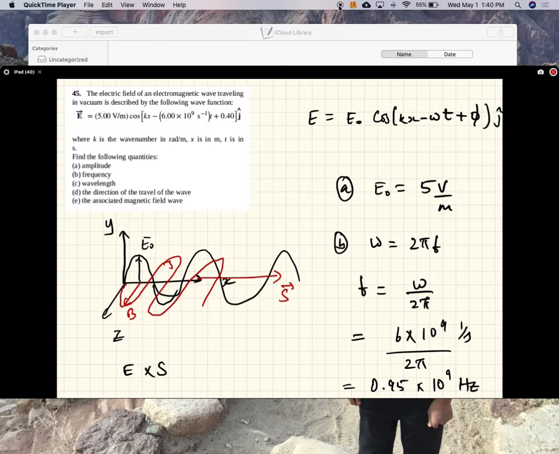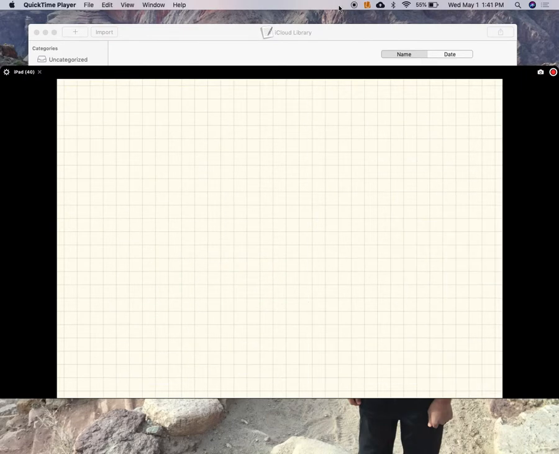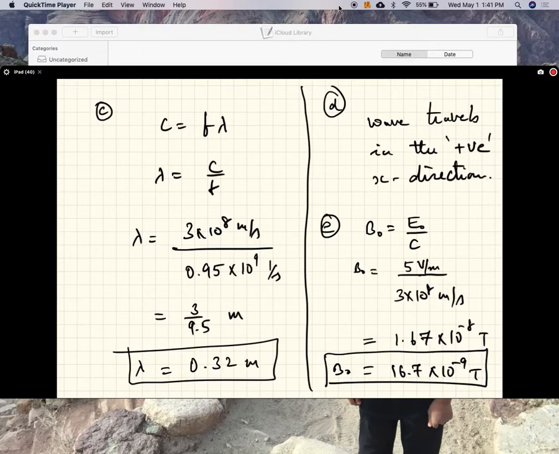E cross B gives you the Poynting vector, 1 over mu naught times E cross B, and S is the direction in which the energy is flowing. It gives you the intensity of the electromagnetic wave and the direction of travel. So E cross B gives you S. Since the direction of travel was that, B has to be in the z direction.